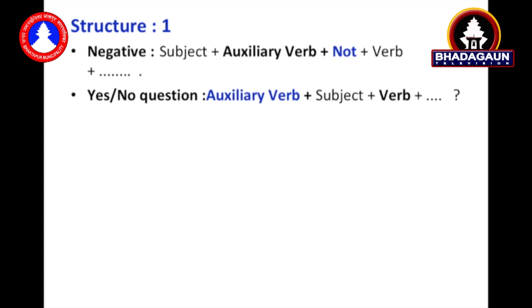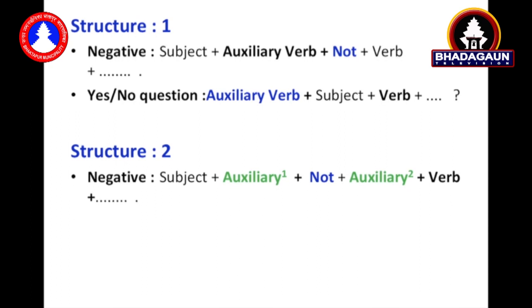Dear students, let's take a slightly different type of sentence as an example. Structure 2: if we have more than one auxiliary, or two auxiliaries in a given sentence, not is added next to the first auxiliary, or it means not is added between the two auxiliaries.